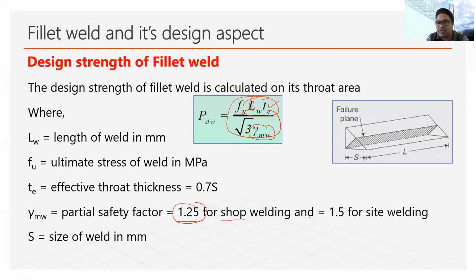But in the field, the quality control is not that good, and that is why we take more safety factor, which is 1.5. So if it is mentioned that it is shop welding, then we will use 1.25. If it is not mentioned in the problem, or if it is field welding, then we will take the safety factor accordingly.